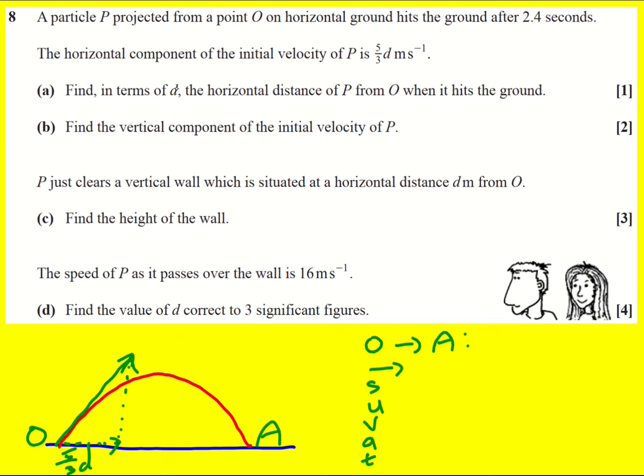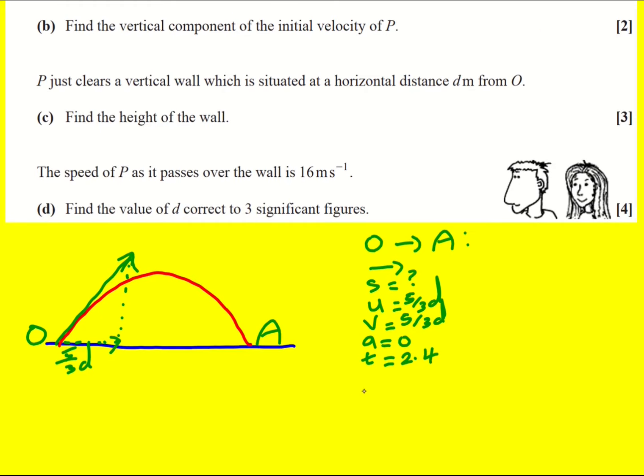We're asked to work out, in terms of d, the horizontal distance. So that's what I want to find. And I've got that u is 5 over 3d. Now horizontally, acceleration is 0, and therefore the final velocity is also 5 over 3d, and t is 2.4. So basically our suvat equations collapse and just become s equals ut, because you can take s equals ut plus a half at squared, but a is now 0.